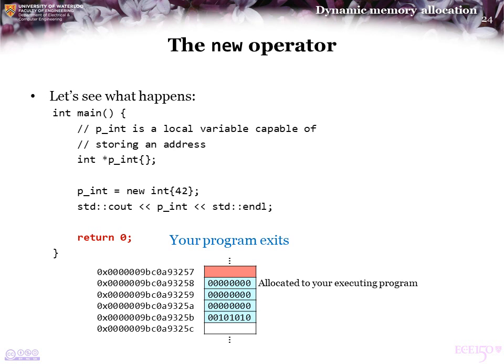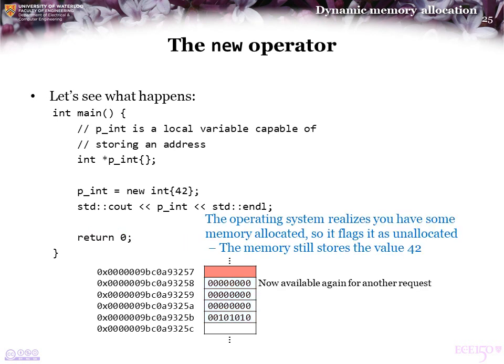Now, here the program finally exits, and the operating system realizes that this program still has some memory allocated to it, so it flags it as being unallocated. The memory still contains the value 42, but that memory is now available for another program to use.